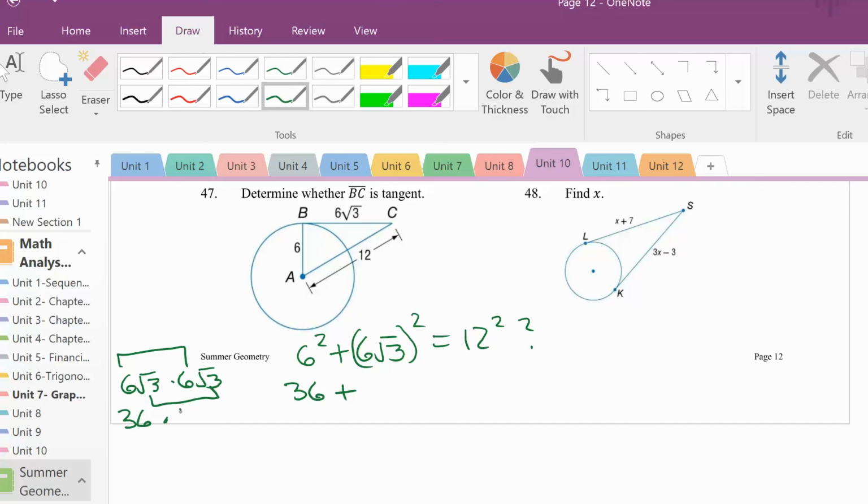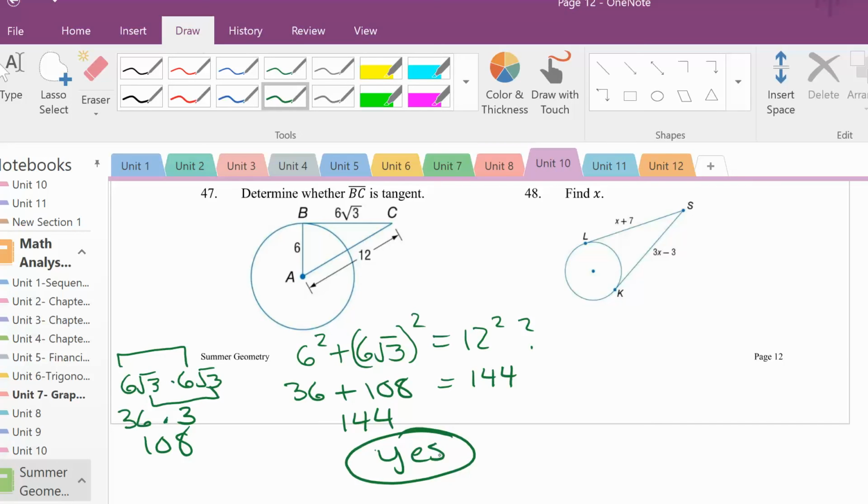Rad 3 times rad 3 is 3. 36 times 3 is 108. And then 12 squared is 144. 36 plus 108 is 144. So the answer to that is yes, it is tangent because it's a right triangle.